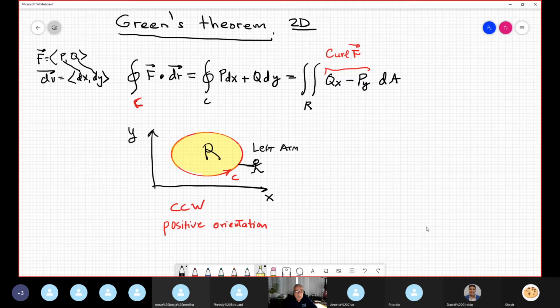This is a part of Green's theorem. Basically, it is circulation. So line integral, circulation. Okay. And we can compute it in the flux, yes, we can compute it also for the flux.